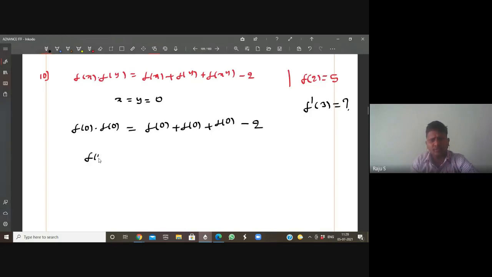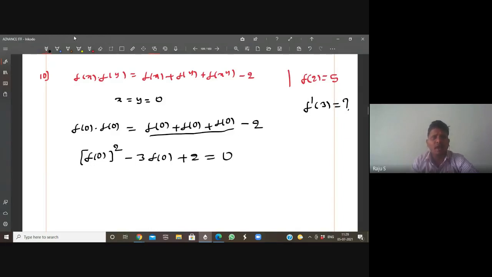Okay, here f of 0, the whole square. What about this value? Shall I write 3 into f of 0? That you can take left side. Minus 3, minus 2 take left side.